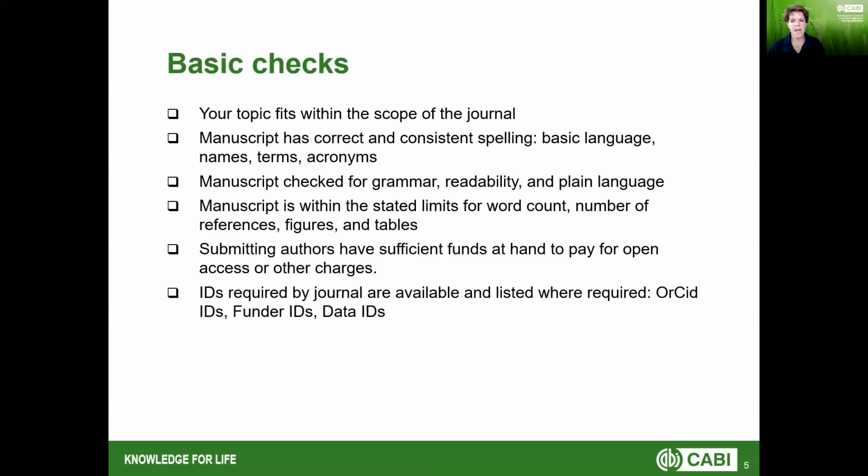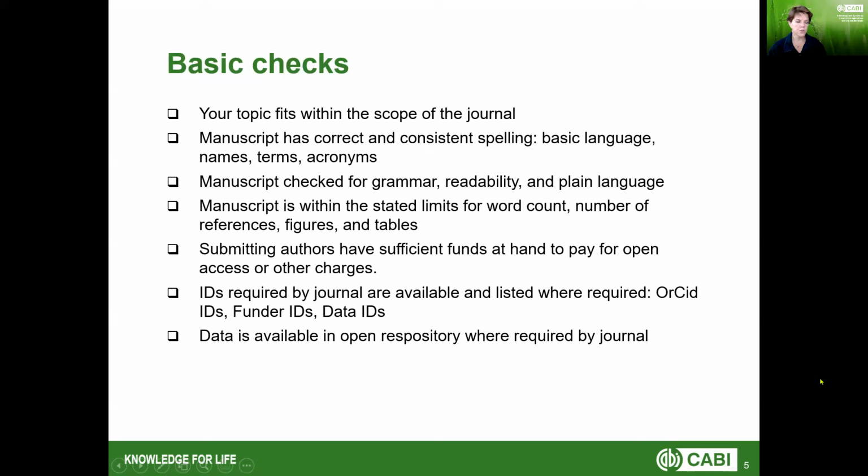Make sure that any IDs, persistent IDs that are required, these are researcher IDs like author IDs, funder IDs, institutional IDs, data IDs, data deposition IDs. Look at the requirements of the journal that you're submitting to and make sure that you have them at hand when you actually go to submit the manuscript.